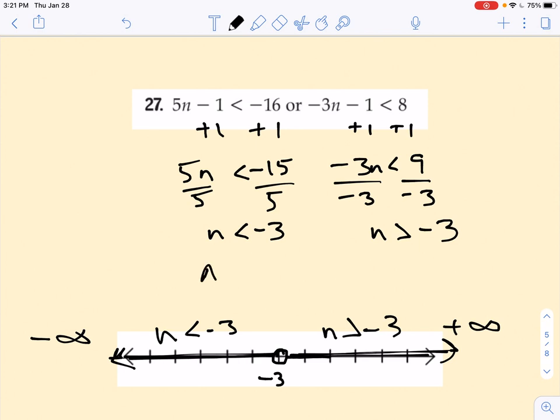So the way you would write it is all real numbers, except n cannot be equal to negative 3. Everything else works, but not negative 3. So for some reason it rejects that number, but it likes literally everything else. So this hopefully explains union to you guys and some of the different things you'll see for this. Good luck with these.